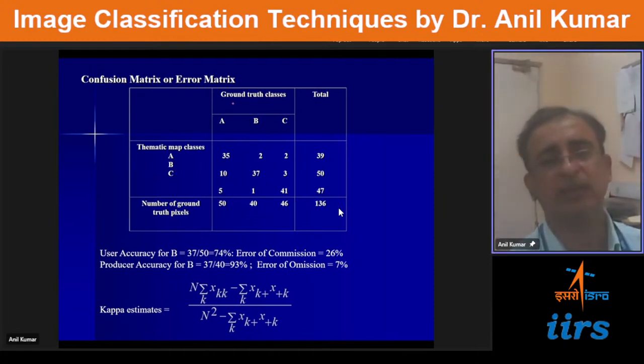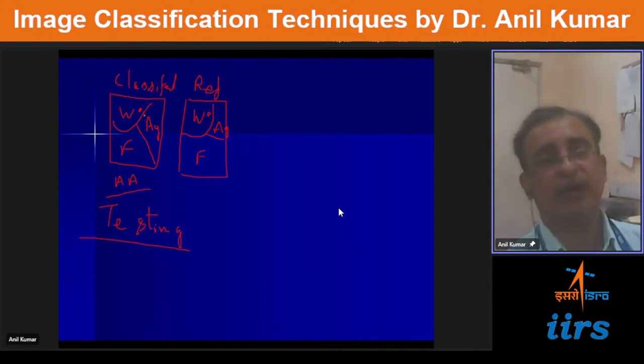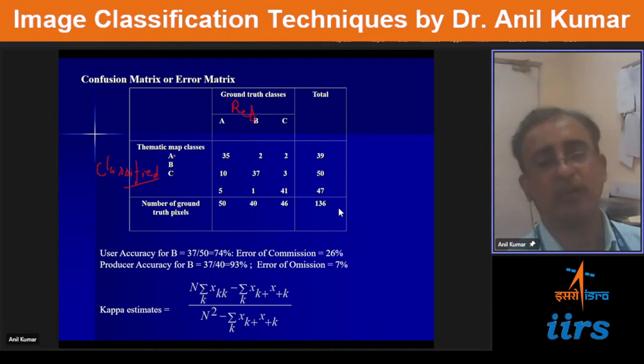This is your reference map information, and this is your classified information. As I told you, in this example the first testing sample is water in both cases, so I can say A is water. It is water in the classified map and the reference map, so here I can add 1.